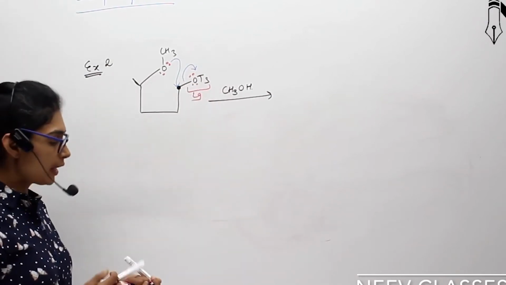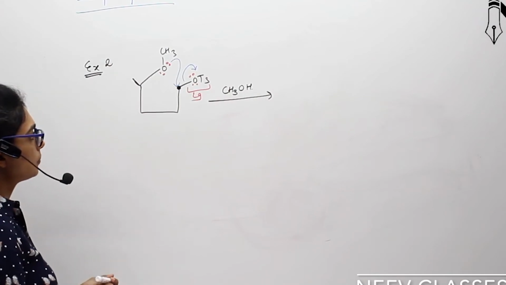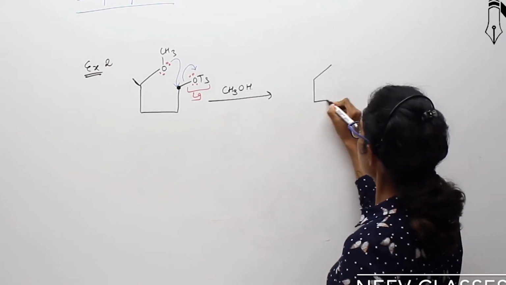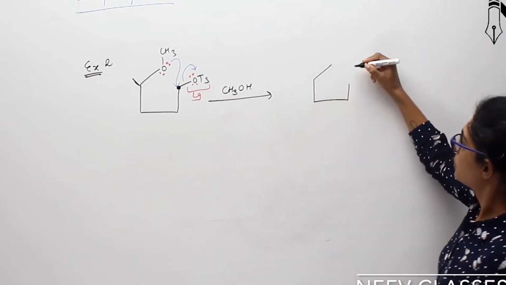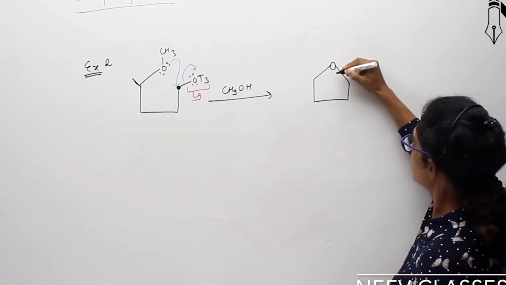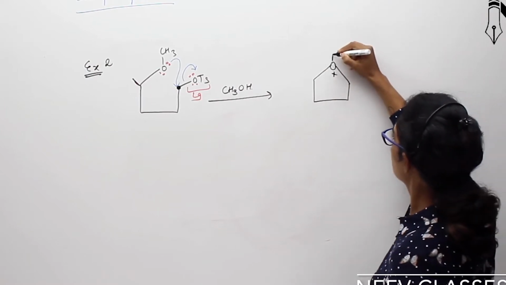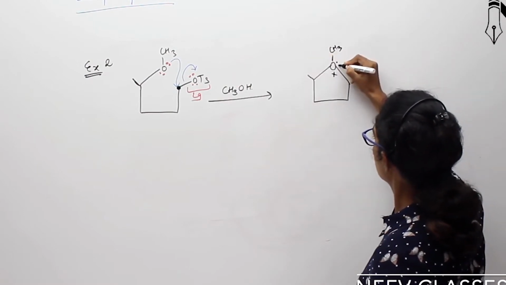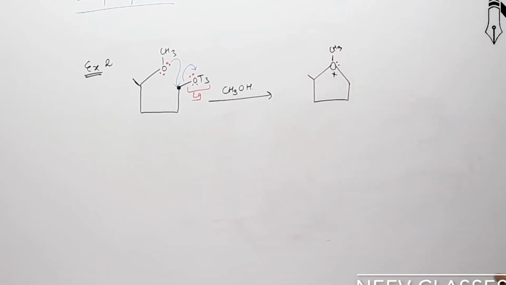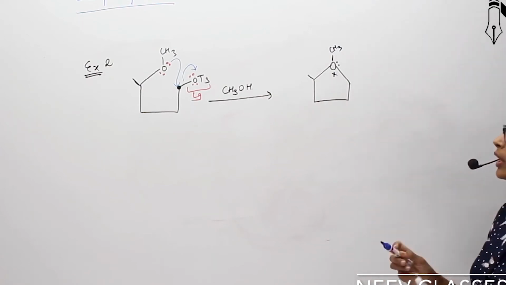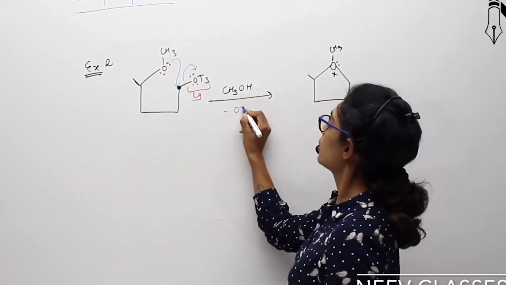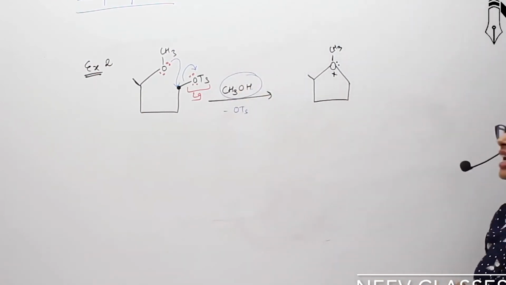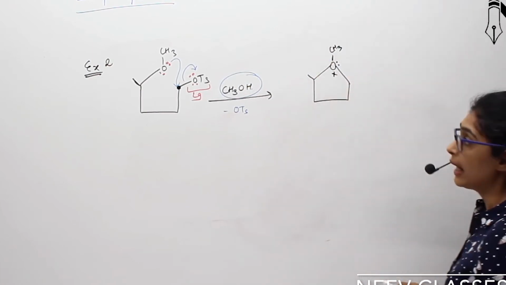So we will have a cation formation like this. This is how my molecule will look after the removal of OTs. We had the nucleophile in the solution, but it has not started attacking yet.